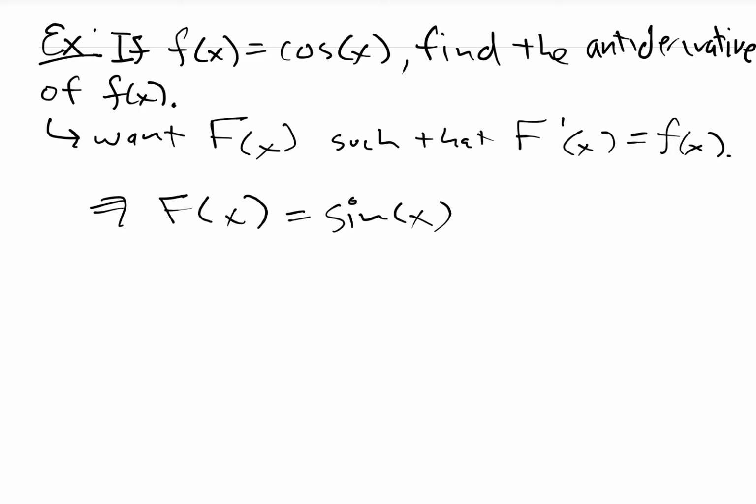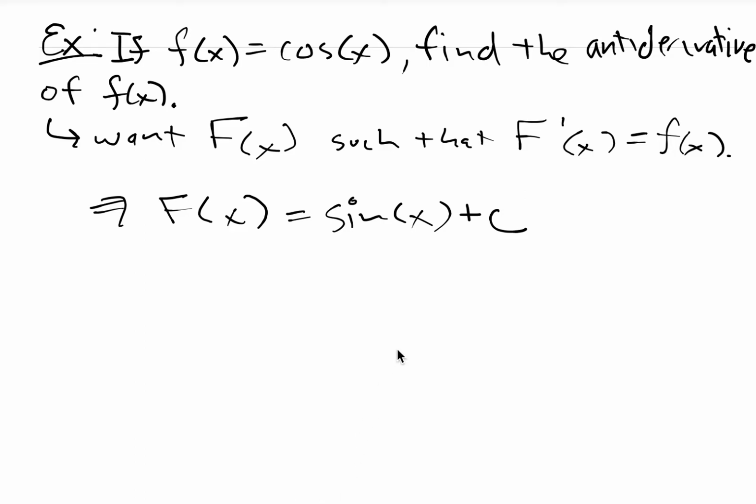If I throw a plus c on the end of this, that gives me a more general response that works in all cases. I don't know if I started out with a constant before. I could have a plus 5,000 on here. I could have a minus 10. I could have a plus e. Who knows what's on the end of this thing?